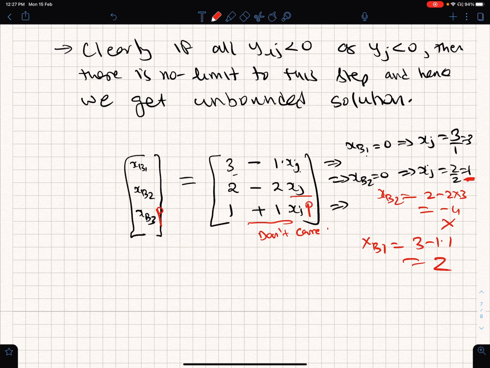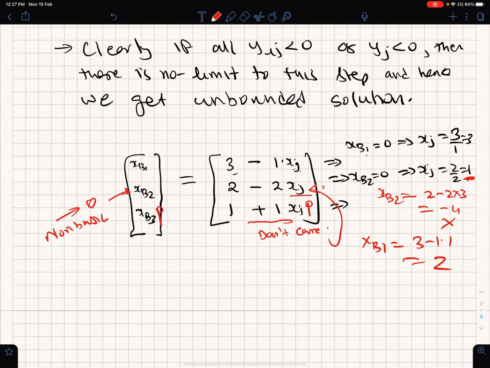So it readjusts to a on 2, and this variable will become 0. That is, this will go to the non-basic partition as my xj moves into the basic partition. Is it not?